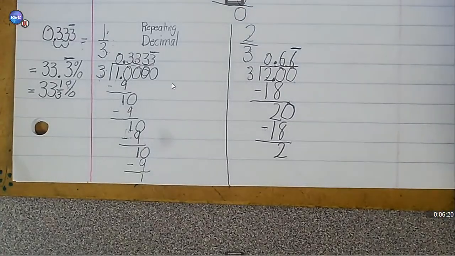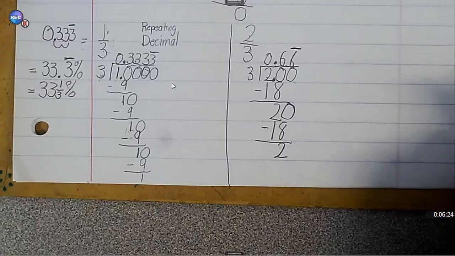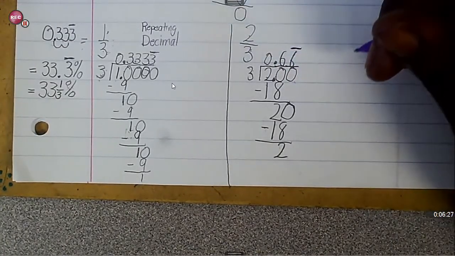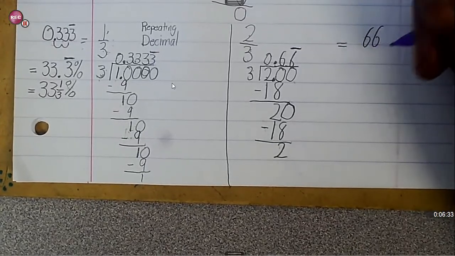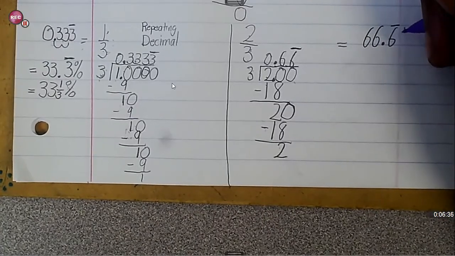So now, because it's just going to keep going and going, we know if we move the decimal point 2 places, that would equal 66 and 6/10%.